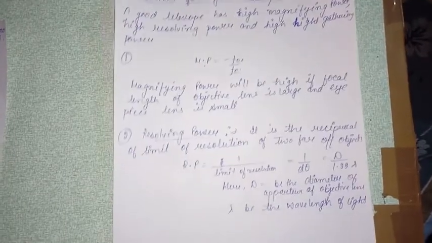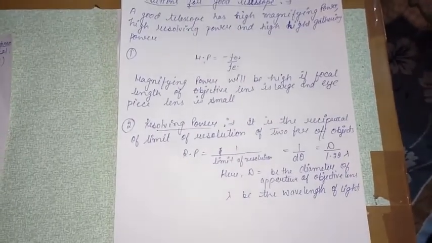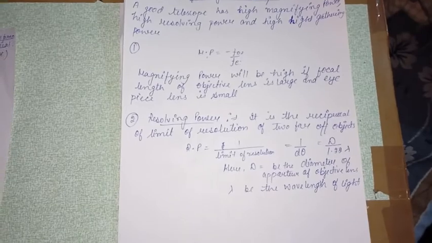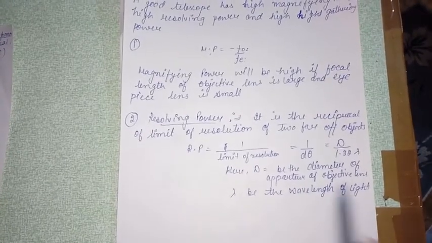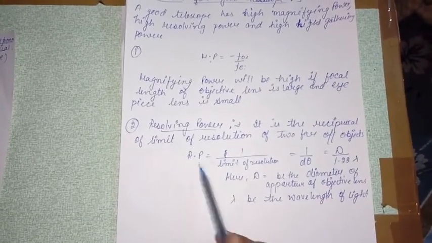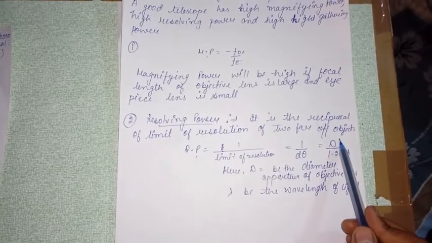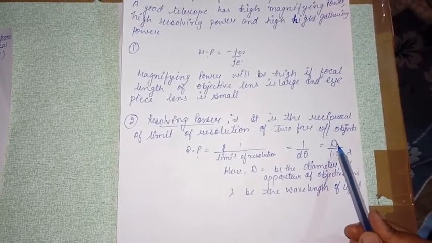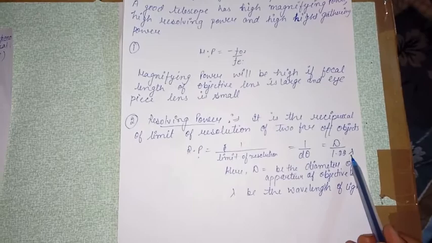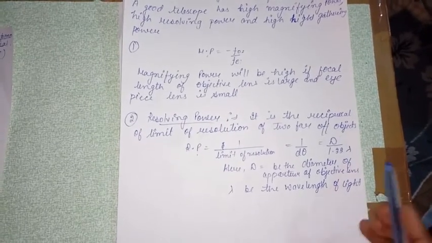So from this, resolving power will be high if the aperture of the objective lens is large and the wavelength of light is small.